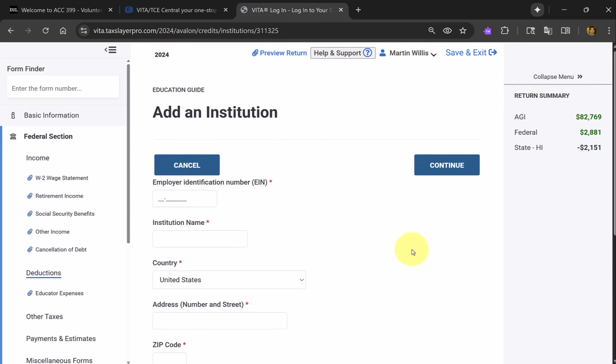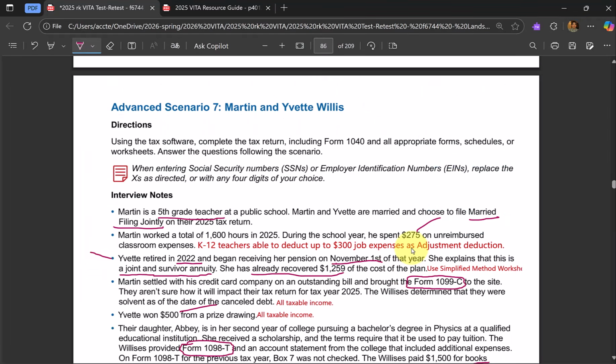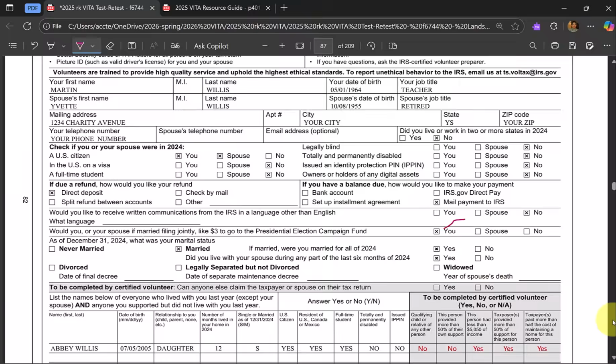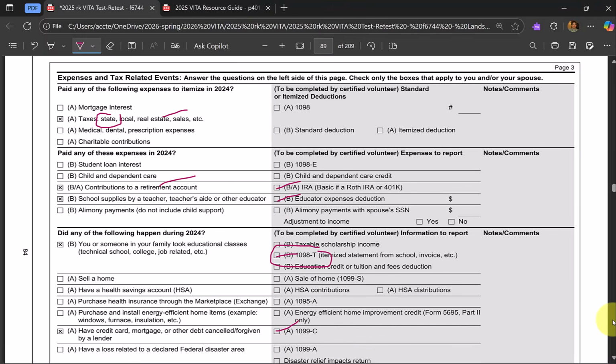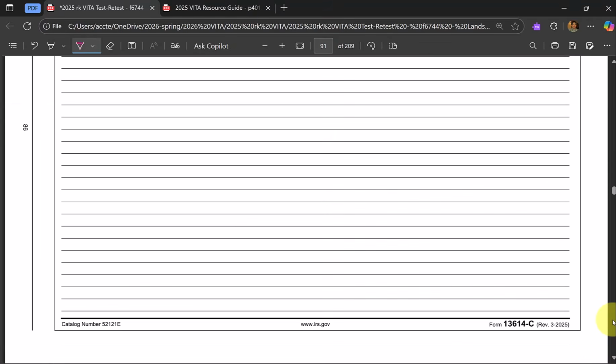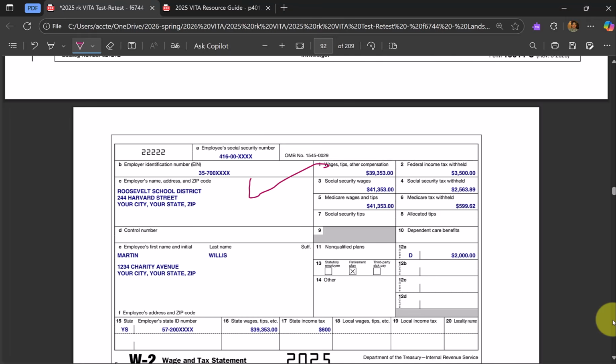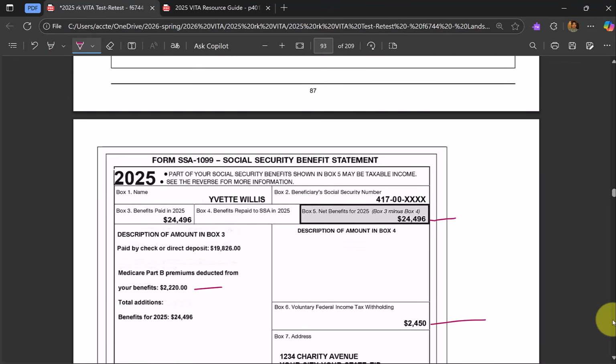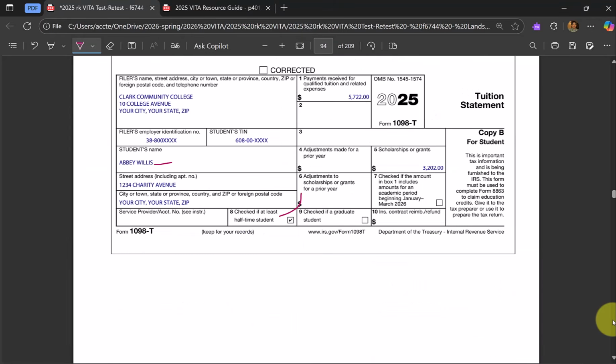Continue. Okay, I'm looking at the 1098T form. And you can download your own by going into your MyUH account. There should be a link somewhere to download your form after the year is over.